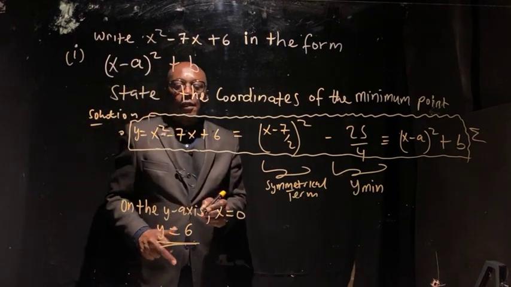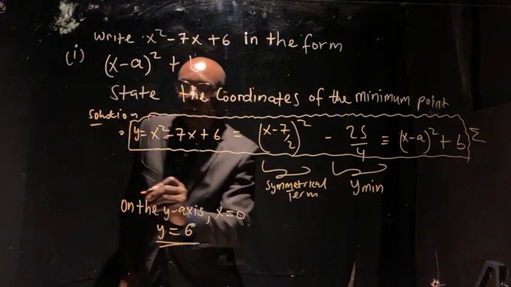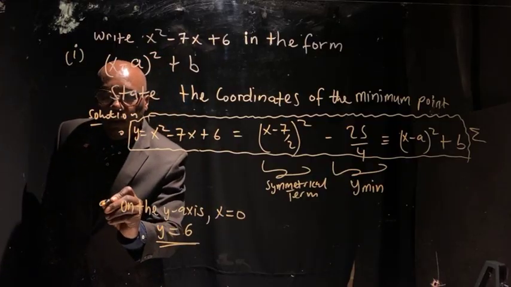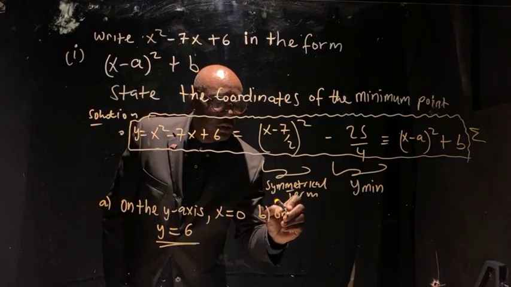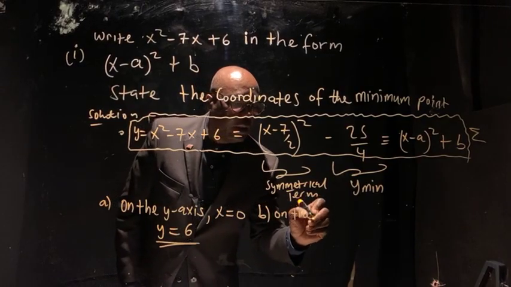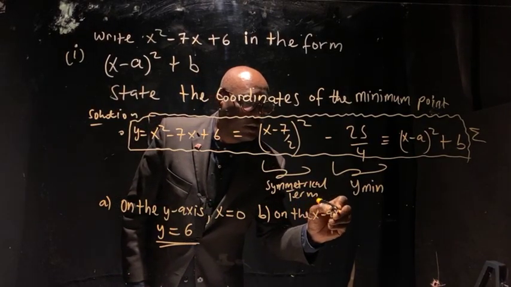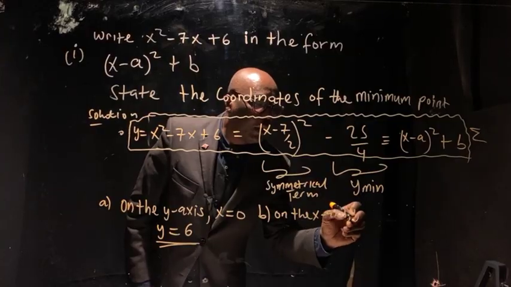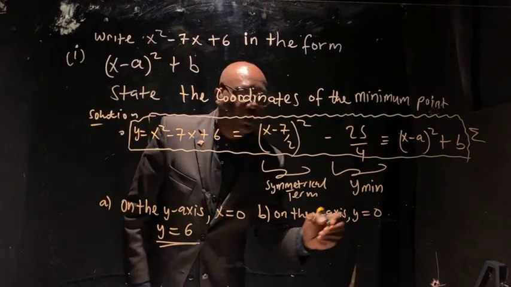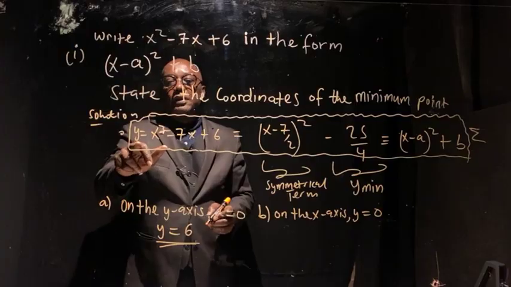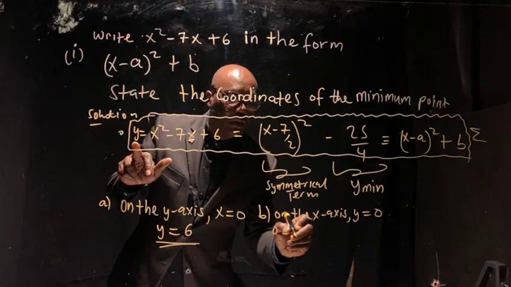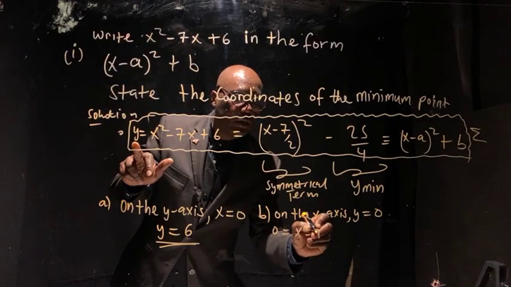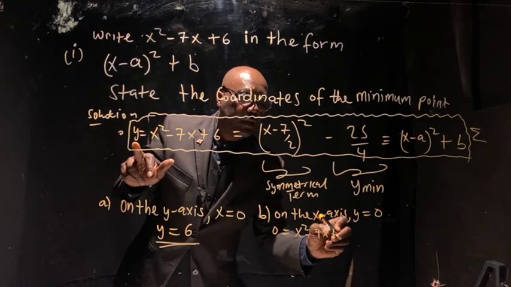I'll call this one A. Secondly, on the x-axis, y will be equal to 0, which implies this equation becomes 0 equals x squared minus 7x plus 6.